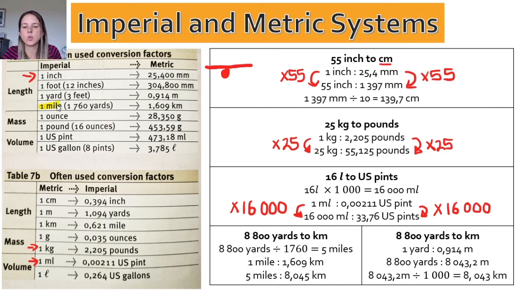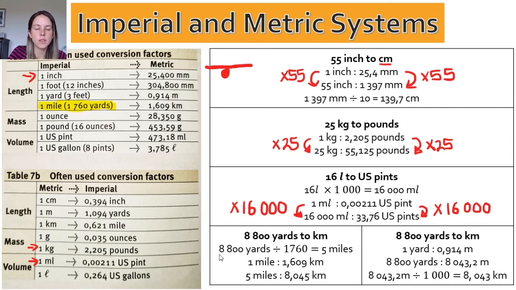It says here 1 mile is equal to 1,760 yards. And because there's only conversions between yards and meters and not yards and kilometers, I'm going to change the yards to miles and then work with miles to kilometers.